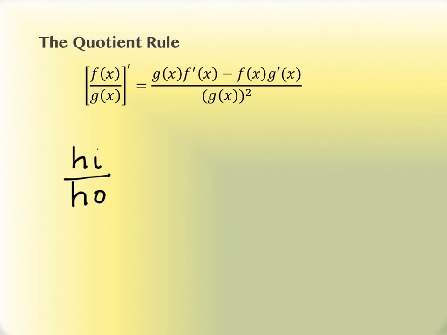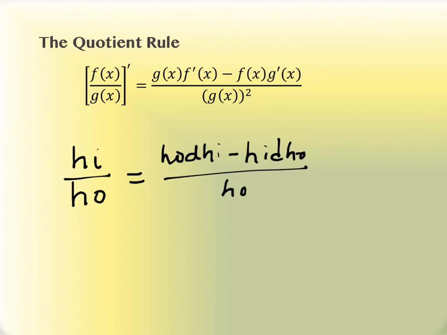And to this day, whenever I see a product or a quotient rule, this is what goes through my head. Ho-de high minus hi-de ho, all over ho-ho. Yes it is. This is what I always think of when I do derivatives with quotient rules.